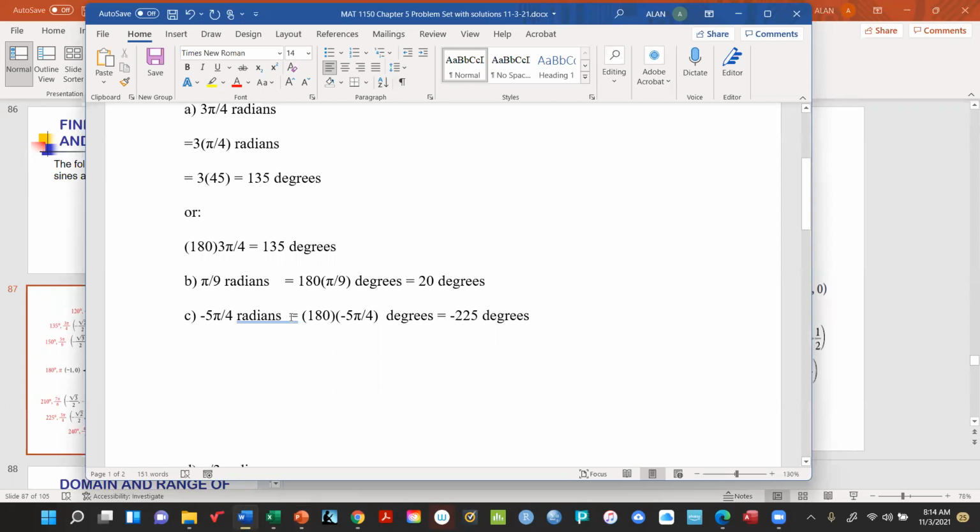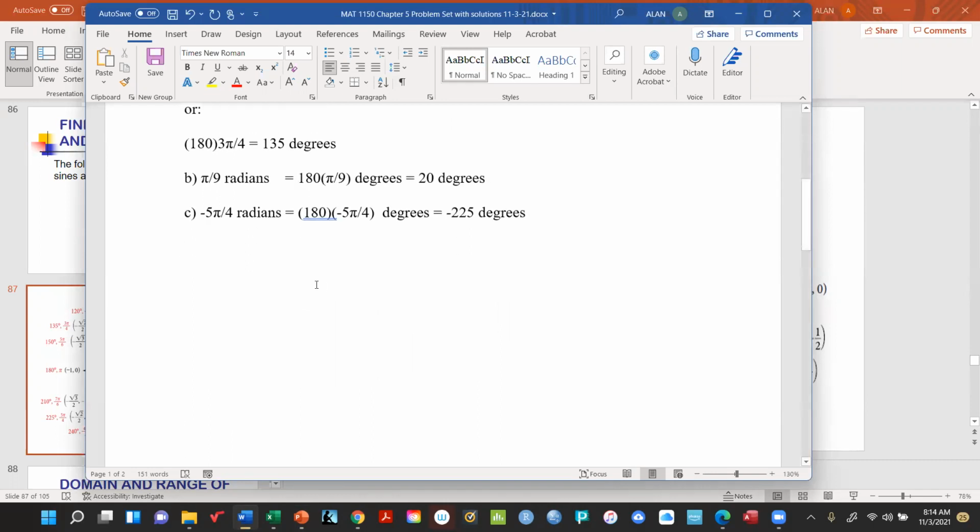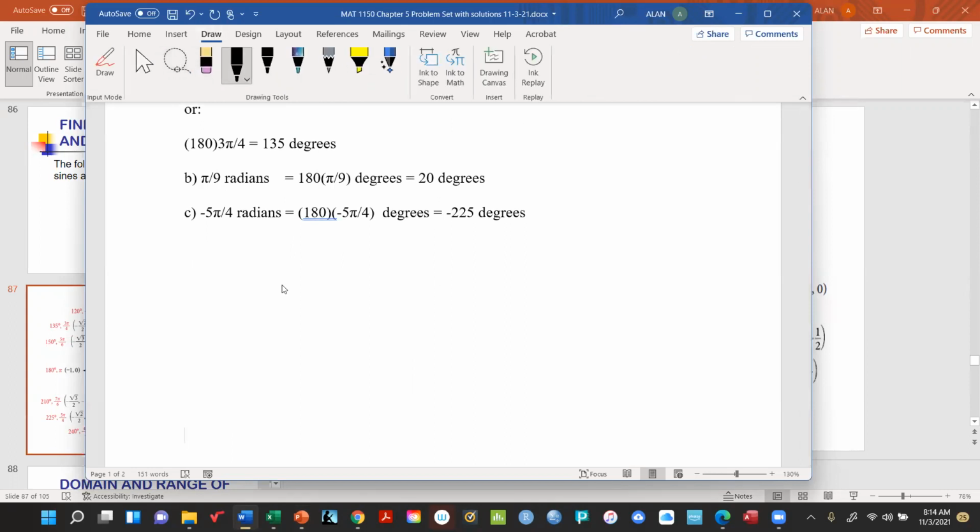But if you are interested in the positive angle, what you have to do is just visualize what's happening here. So to get to the 225, you're going clockwise.